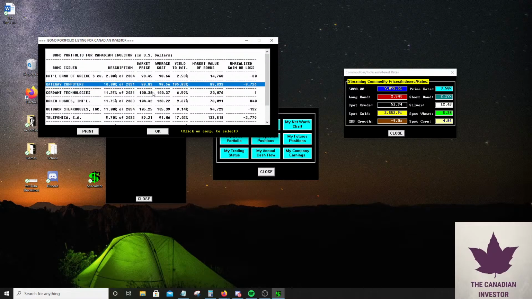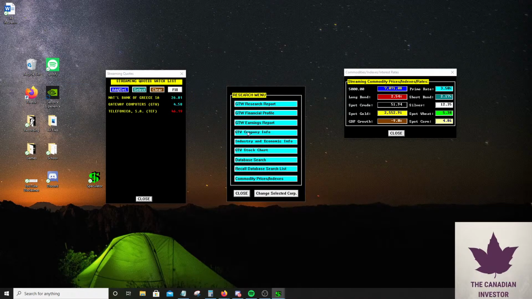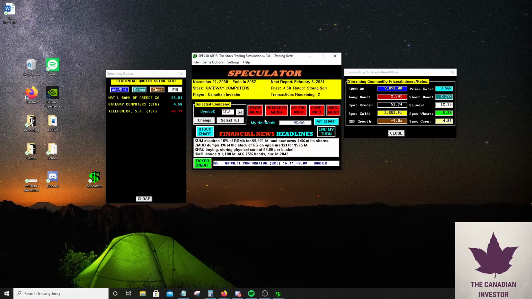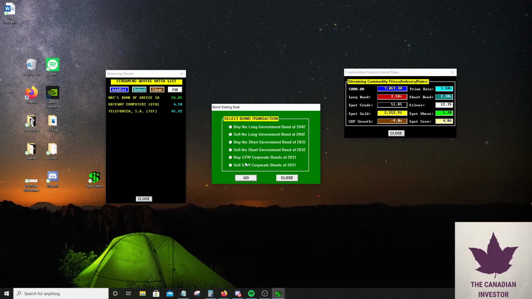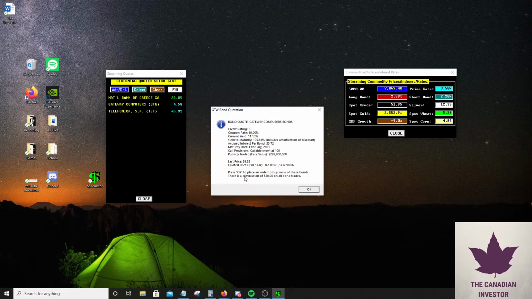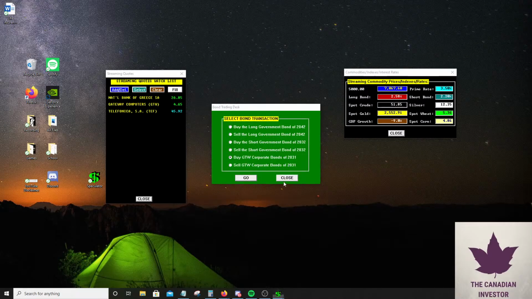Oh my goodness, it's such a high coupon. What happened to your bonds? What happened to Gateway? Wow. Still trading at 89. Huh.